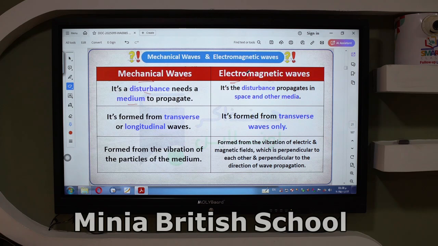But electromagnetic waves can propagate in space or other media. Mechanical waves are formed from transverse or longitudinal waves, but electromagnetic waves are transverse only. So electromagnetic waves don't have any longitudinal wave.